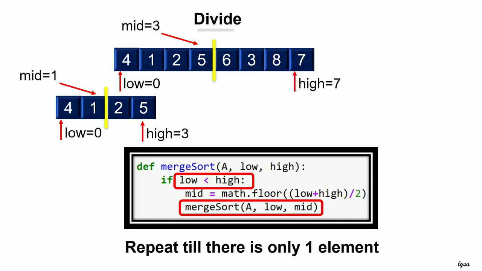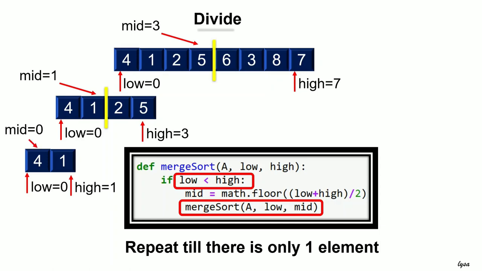Now that I have again split it at the middle, I create the next sublist. Recursively, only the left sublist is being created. Now this creates a sublist with the values 4 and 1. Now the low is at 0 and the high is at 1 because the mid value in the previous parent was 1.